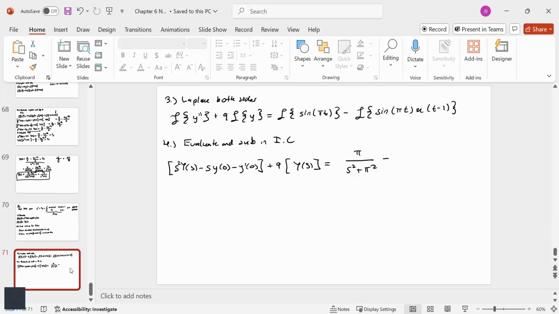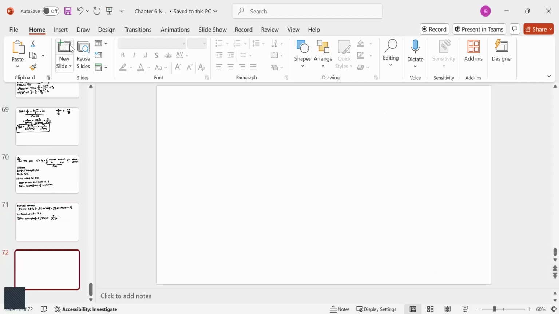So in fact, let's do this as a side example because I don't think it'll fit very nicely in there. So the Laplace transformation of sine of pi t, set function u of t minus 1. So we're going to do our formula for this.